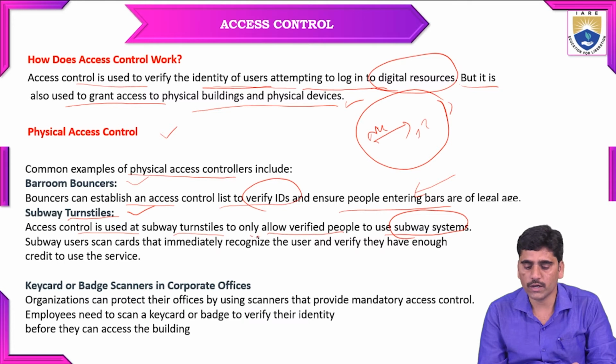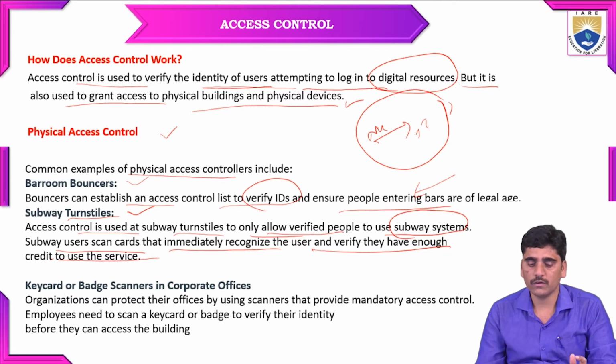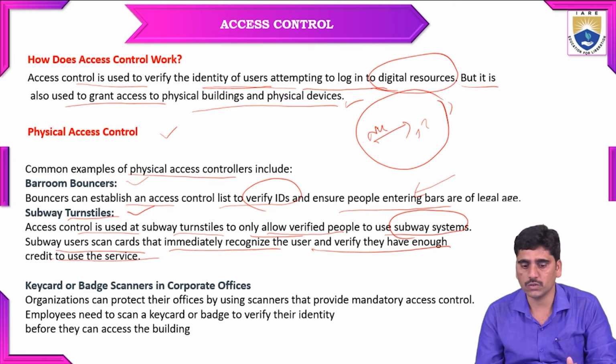Subway users have cards that immediately recognize the users and verify that they have enough credit to use the services. In metro systems, we have metro cards. The cards are validated, and users can enter or exit the metro station. So the tickets are validated.